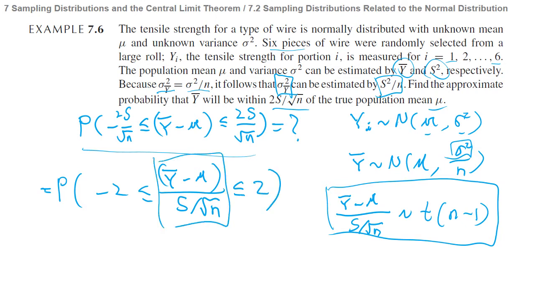We know that this follows a t distribution with n minus 1, which is 5, degrees of freedom. So we can calculate the probability using the t distribution, and that's what we want to calculate. If you calculate this quantity using the t distribution, then this would be the end of the proof.